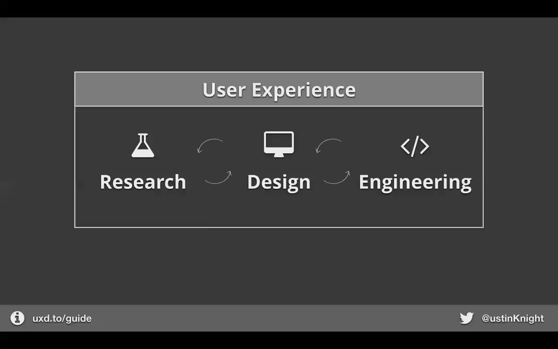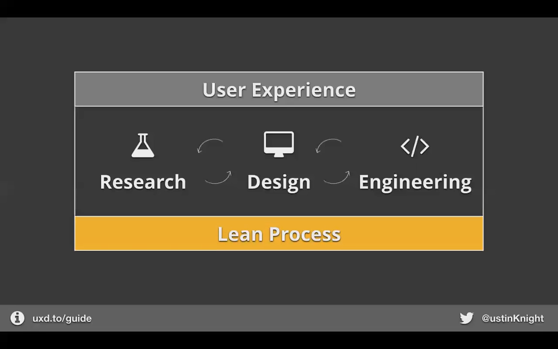And within that, overlapping work started to occur. So research wasn't happening all at once and then being handed off to design and so on and so forth. They were doing these things collaboratively and as an exchange. And essentially what we had developed here was a little bit of a rough lean process. So this started to feel like we were going down the lean and agile path.